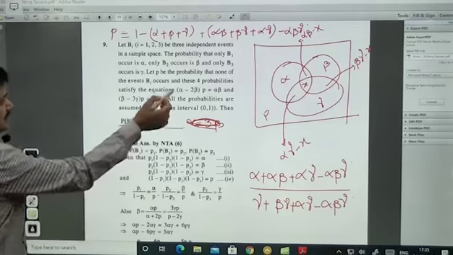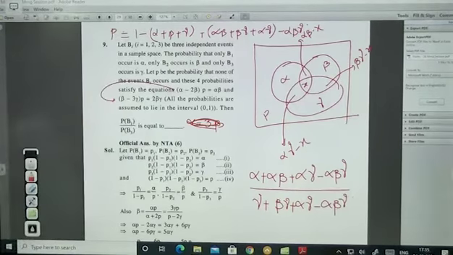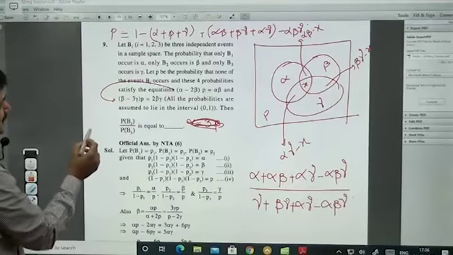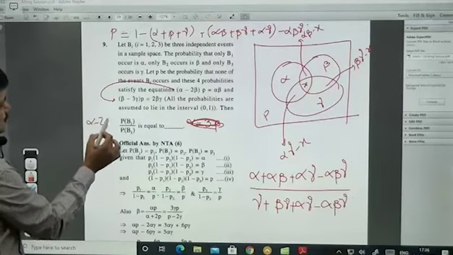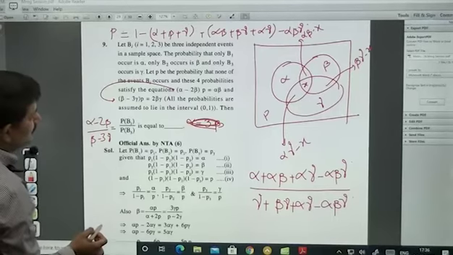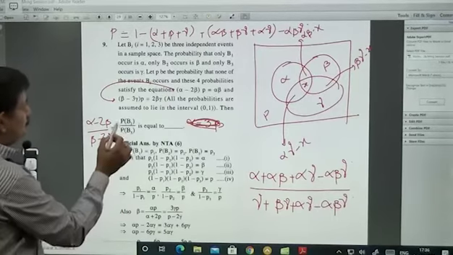Let's find out somewhere from this equation. Divide one by the other. Let's see if we can get some condition. PP gets cancelled. Alpha minus 2 beta divided by beta minus 3 gamma is equal to alpha by 2 gamma.